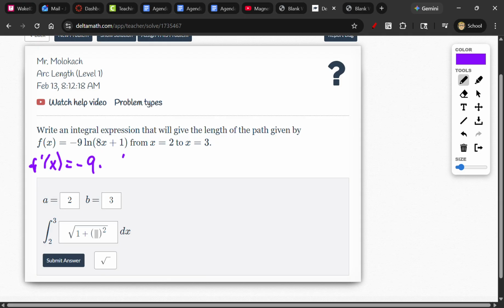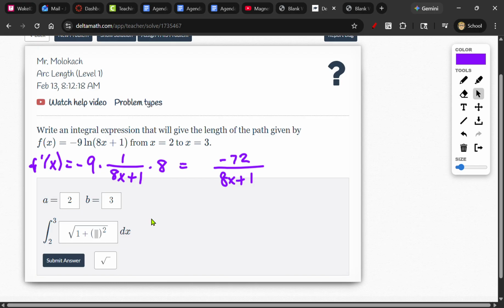So it's going to be -9 times 1 over the expression, and then don't forget the chain rule, right? We're going to have to multiply by 8. Now, I don't think I have to simplify all this. I can just put all that in there and it'll give me credit, but I'm going to go ahead and simplify this. This should be -72 over 8x plus 1, because I just multiply the 8 and the -9.